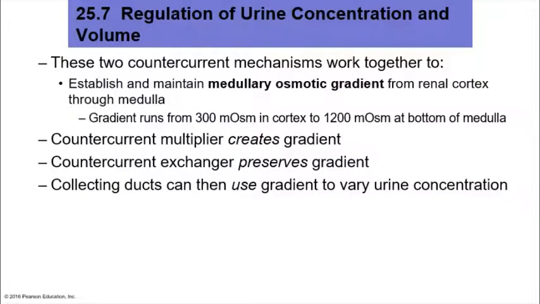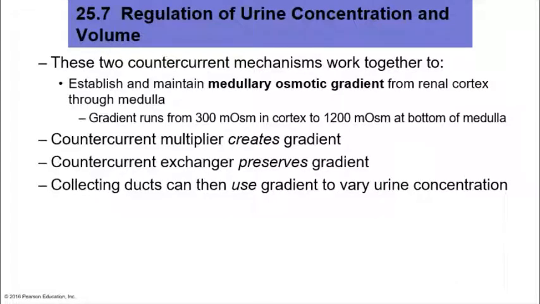So I mentioned both the countercurrent multiplier and the countercurrent exchanger are going to work together to help establish, or create, and maintain a medullary osmotic gradient. What is that? It's just a concentration gradient varying between the cortex and medulla. The cortex is dilute, not that concentrated, and the medulla is highly concentrated.